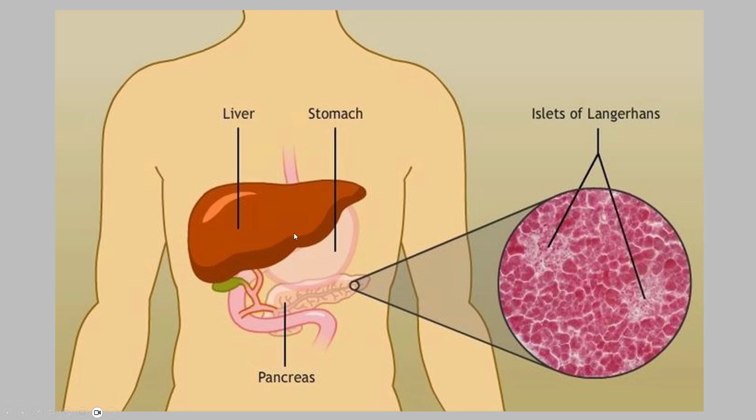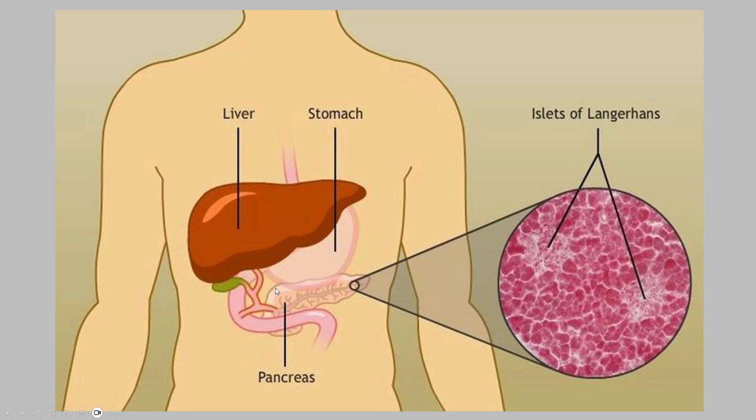It sits below the liver, below and behind the stomach. It's a little bit hidden. It's shaped almost like a comma. It's a little bit curved, larger on one end, and it tapers to a point going towards your left side.